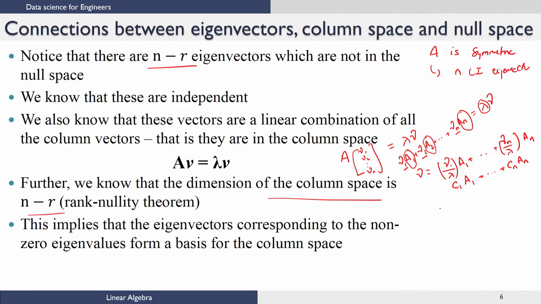In other words, all of these columns A 1 to A n can be represented using just n minus r linearly independent vectors.